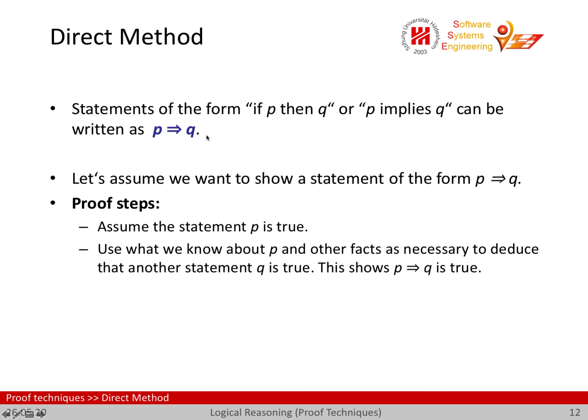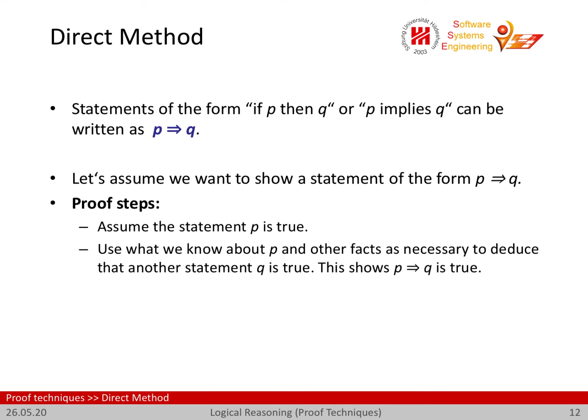So let's assume we want to show such a statement of the form P implies Q. The proof steps are actually pretty straightforward. We simply assume the statement P would be true. And then we use what we know about P and other facts about a background theory, like for example, if we talk about numbers, then we talk about the mathematical knowledge about numbers, which we can use.